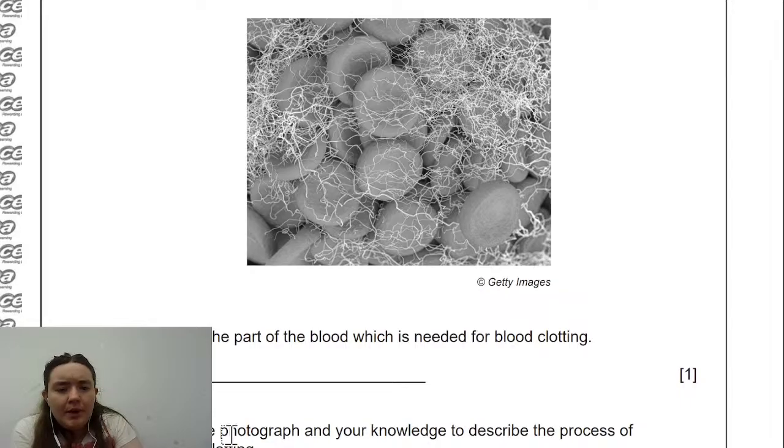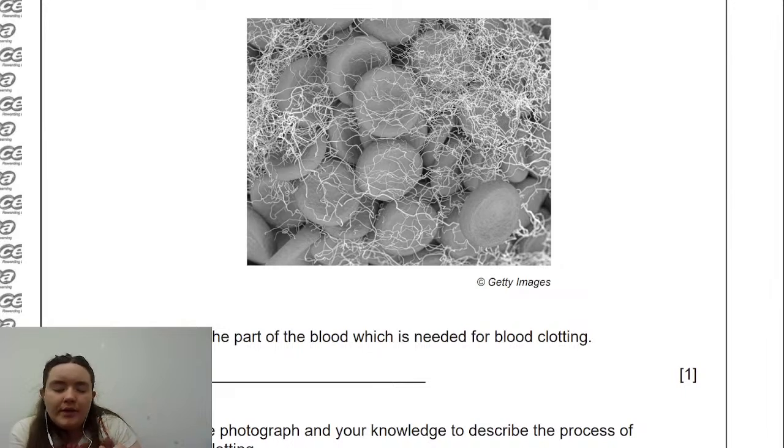Use the photograph and your knowledge to describe the process of blood clotting. So again, it's probably really important here to look at the use of the word photograph, given previous things that we've discussed as part of the examiner's report. So when someone gets a cut, platelets begin to clump together in order to initially try to seal that cut, and they will get red blood cells to attach onto that.